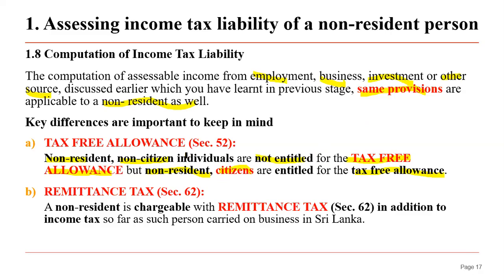Can anyone tell me? As per the previous law and with the amendment, what is the tax-free allowance? Effective from January 1st, 2020, and previously, what did we have as the tax-free allowance?